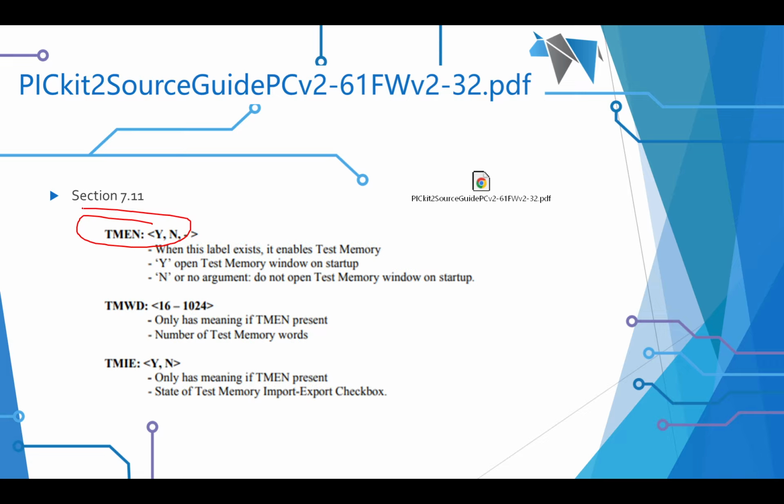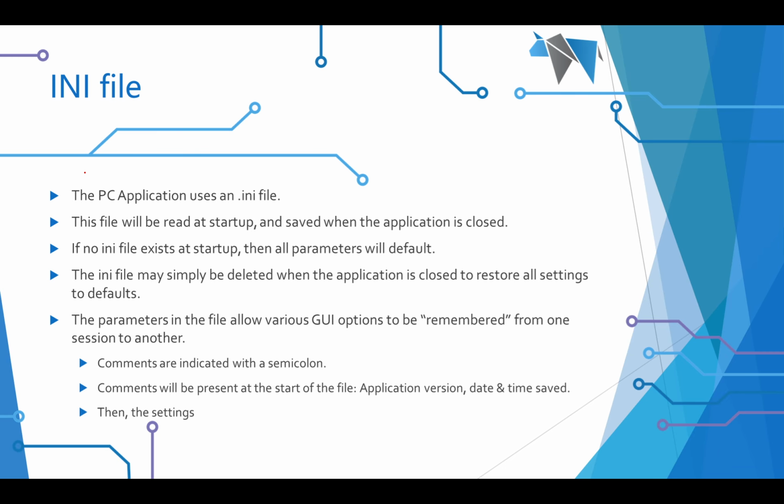So what we're going to do is walk through what all that does. There is an ini file that the PC application for Windows uses. It's read in at startup and saved when the application is closed. If one doesn't exist, then the parameters will all be set to their defaults, and it will not show that extra dialog.